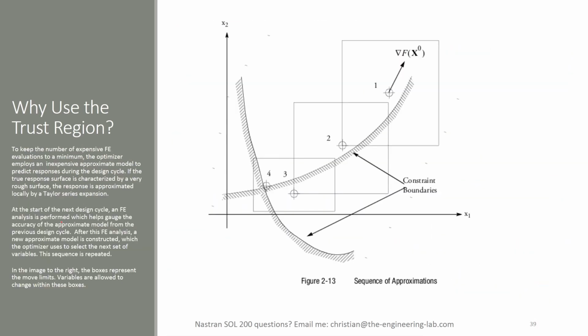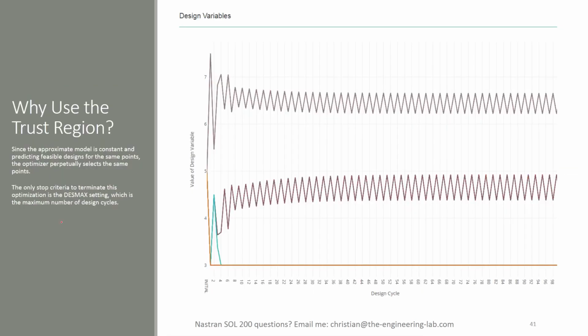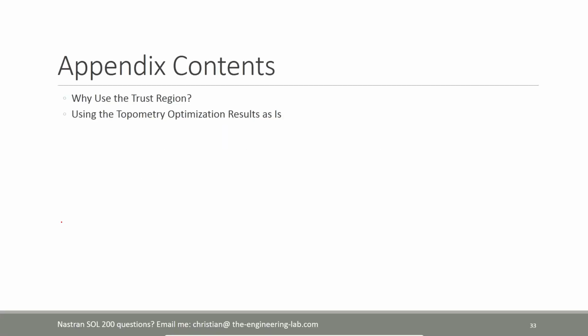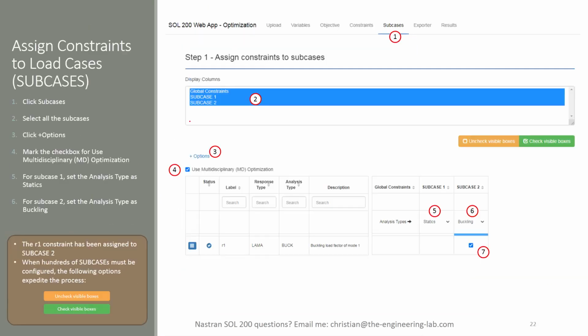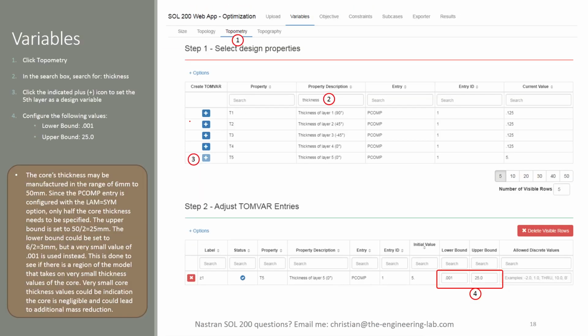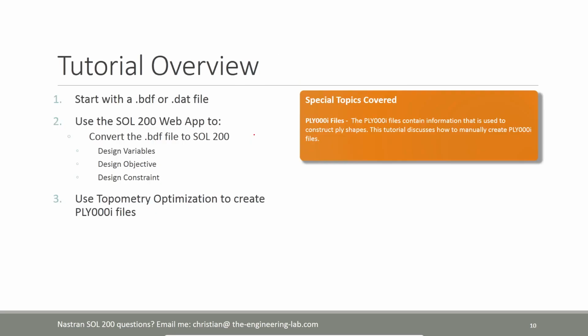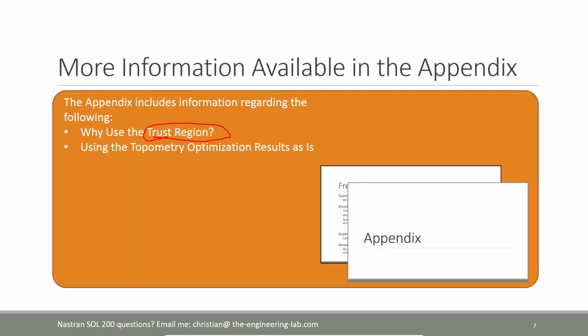I will not go over this in this workshop, but know that if you refer to the appendix, you can read up more on why this is happening. Here, what I'm going to say is that to prevent this strange behavior, we're going to employ what's called the truss region in this example. So you'll see me use that later on.